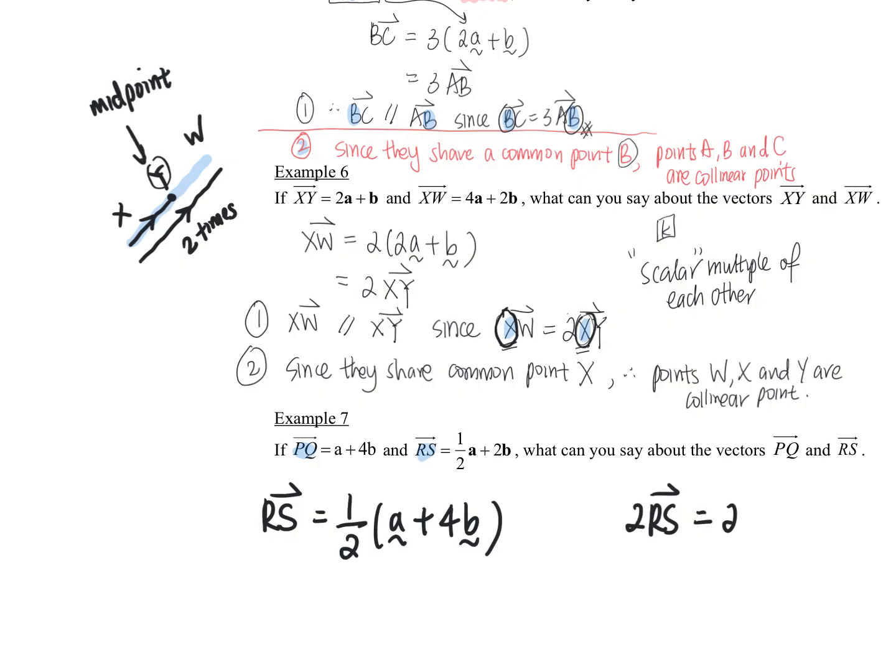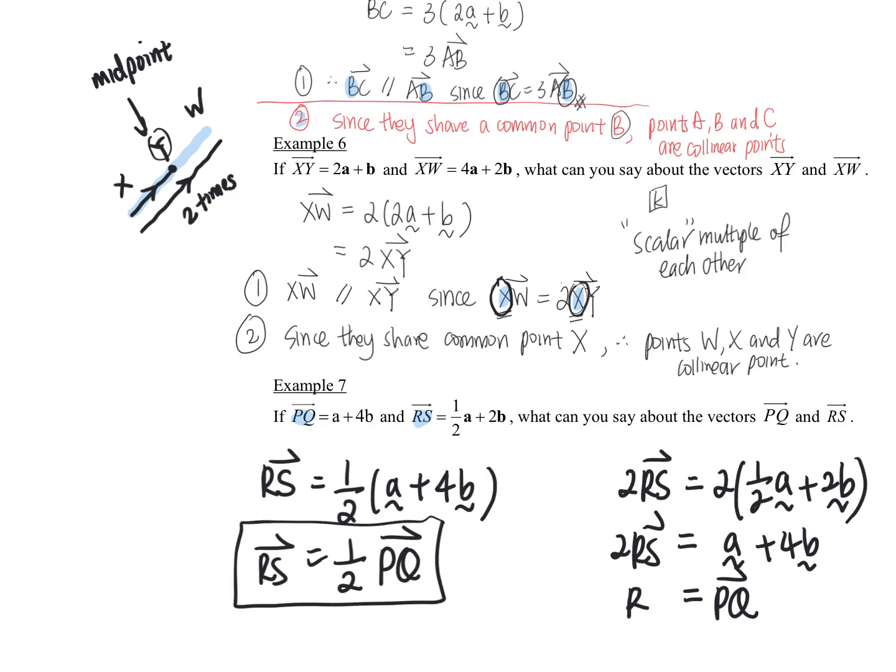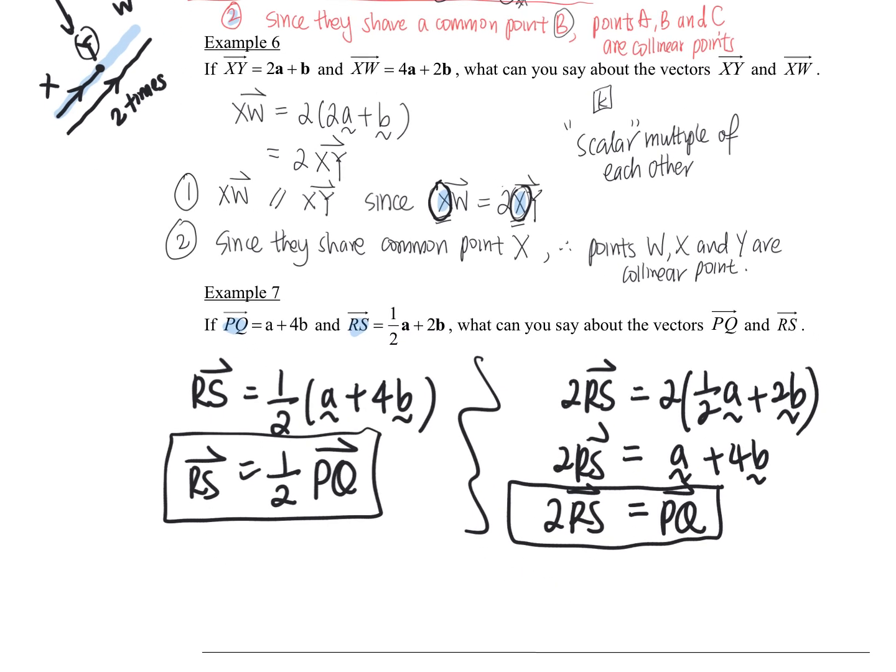If you multiply this by 2, also can, 2 ways of looking at this. This one becomes A plus 4B. So actually 2RS is equal to PQ. Also can. Or if you have seen it in this way, then it's half of PQ. These two are equivalent. You either prove this one or this one. Either one, no need to show both. See what is more comfortable for you.